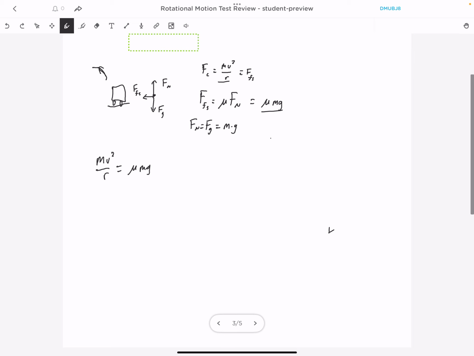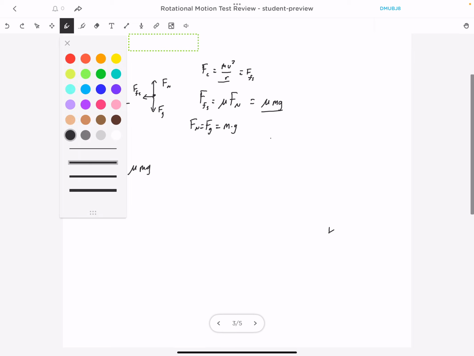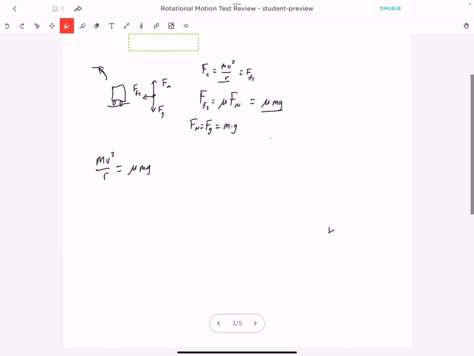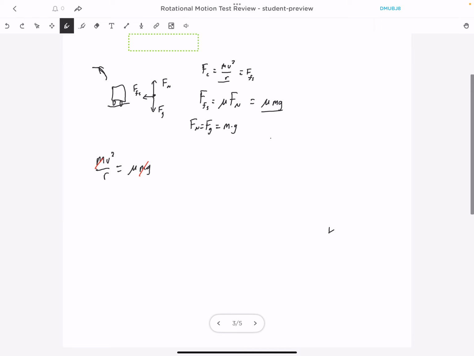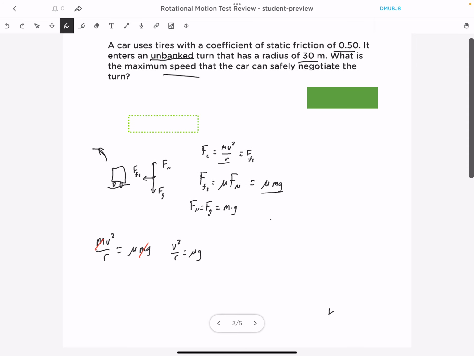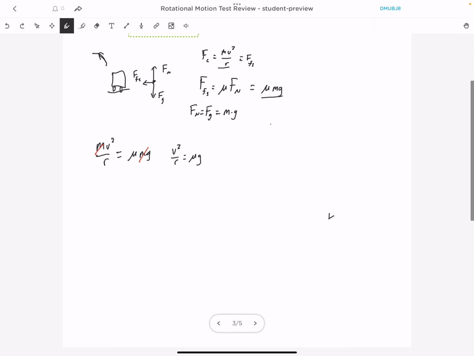The m's are going to cancel. Let me see, can I use a different color? Yeah. So the m's are going to cancel out. And then what we end up with is v squared over r equals mu times g. And for this problem, we're trying to figure out what v is, right? So it's asking what the maximum speed is that it can actually make the turn. So think of it like the speed limit that they post.